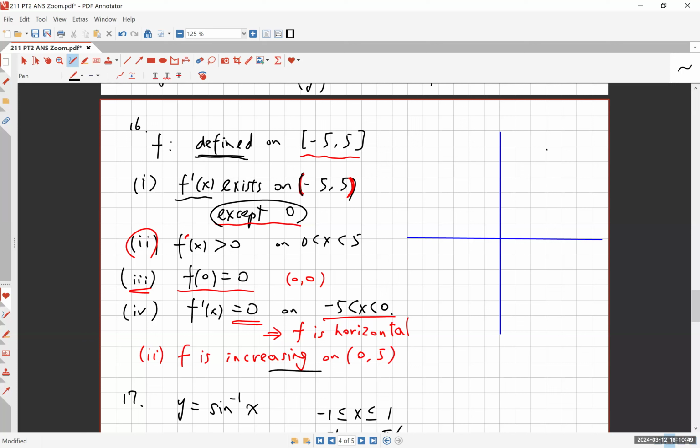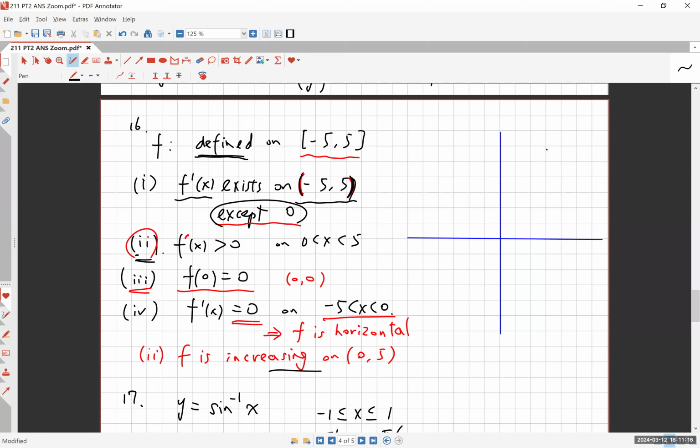That's an open interval, technically, because usually we don't talk about differentiability at endpoints, because the limits are just one-sided. But anyway, it is differentiable on this open interval, except at 0. The second property says f prime has to be greater than 0, which means f is increasing on the interval from 0 to 5.